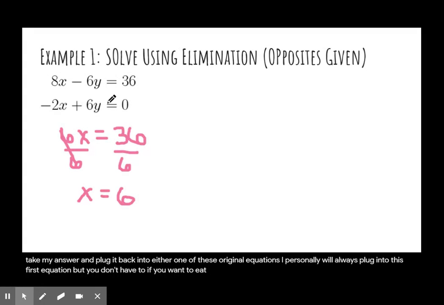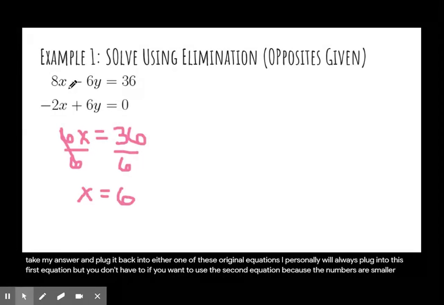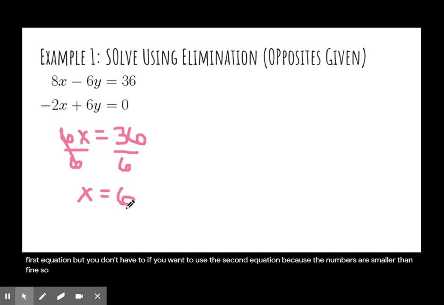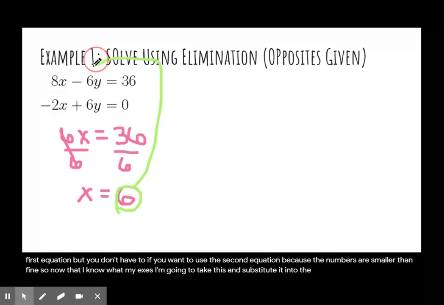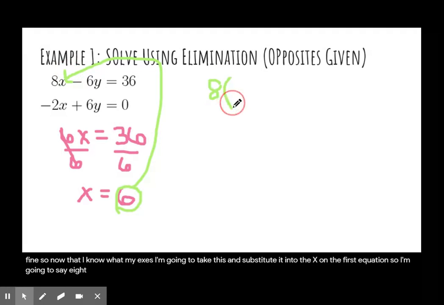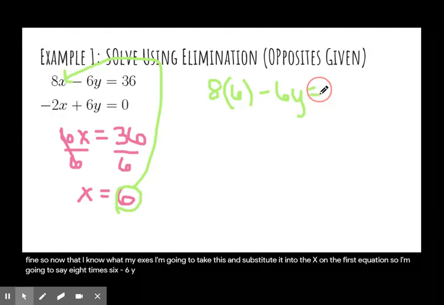If you want to use the second equation because the numbers are smaller, then fine. So now that I know what my x is, I'm going to substitute it into the x on the first equation. So I'm going to say 8 times 6 minus 6y equals 36.